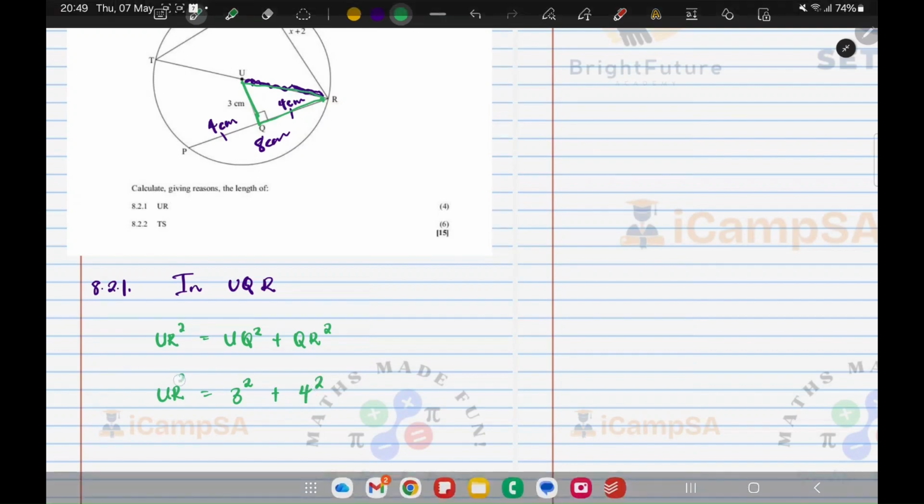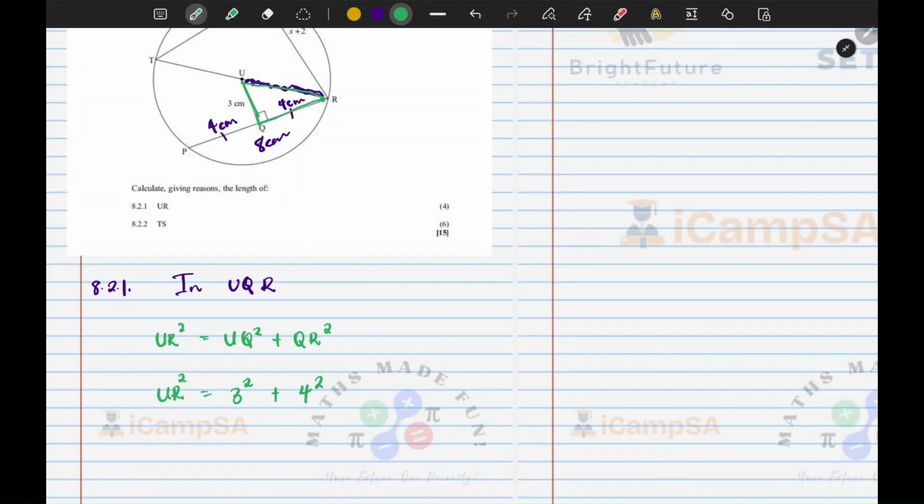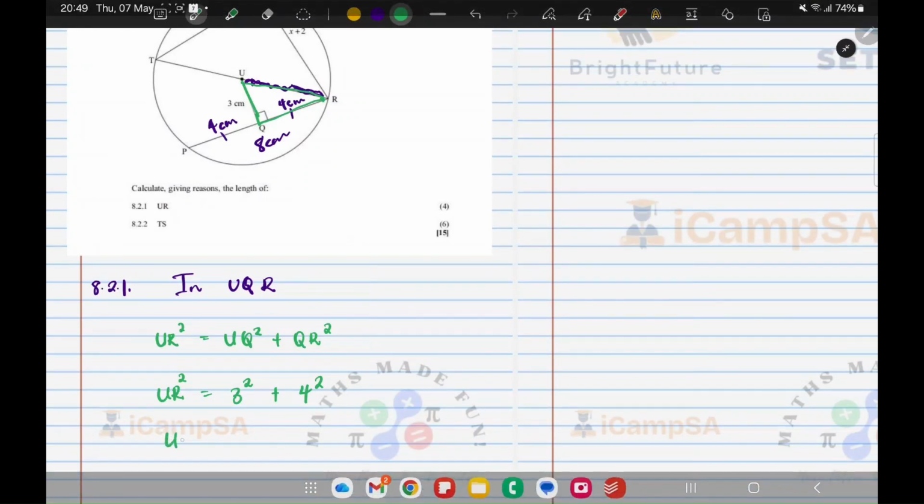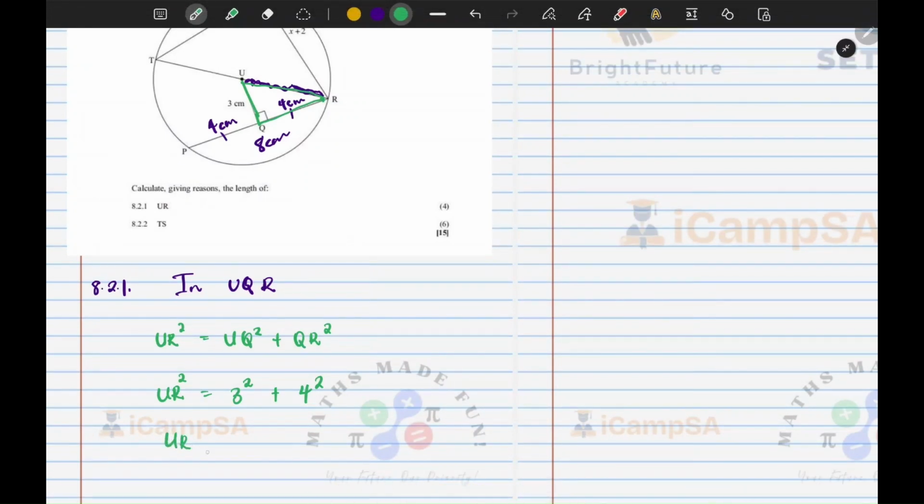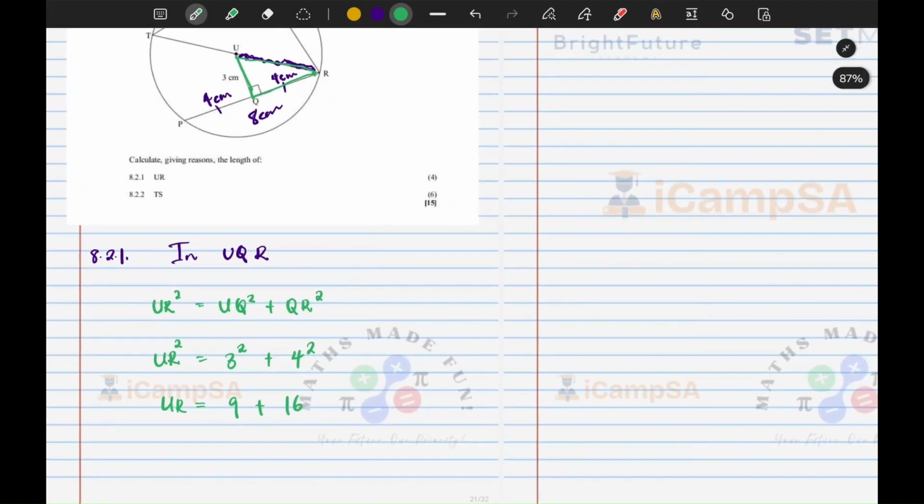So UR squared equals 9 plus 16, and 9 plus 16 is going to give you 25. UR squared is 25.